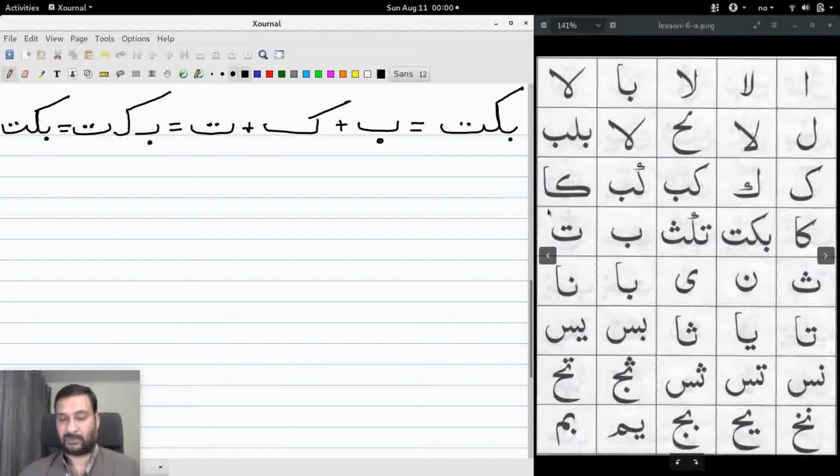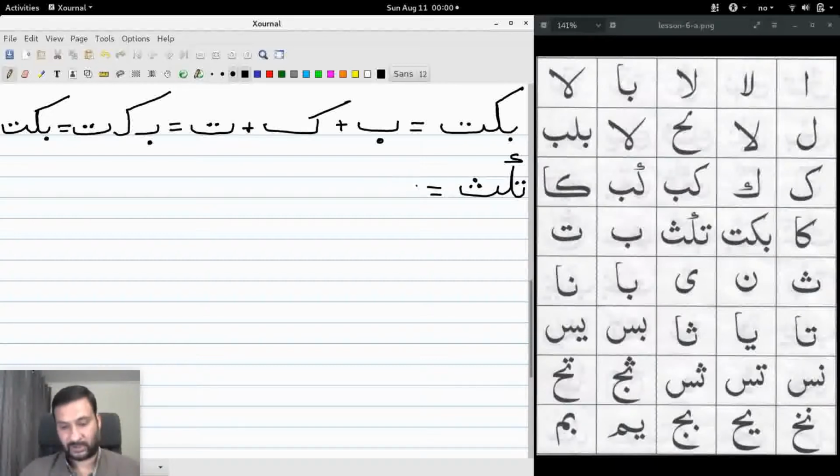Tip of tongue with the outer edge of upper teeth, tha. So let me first write this as it's written here, ta, kaf, tha.